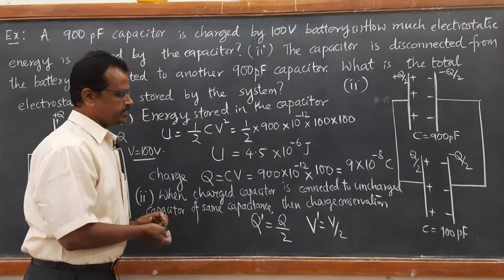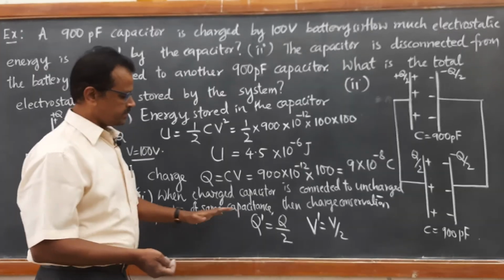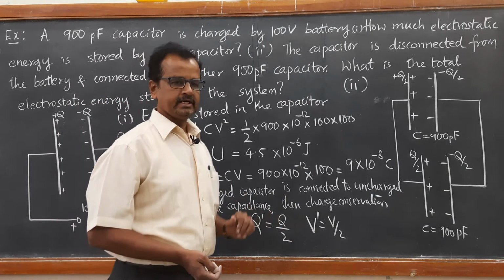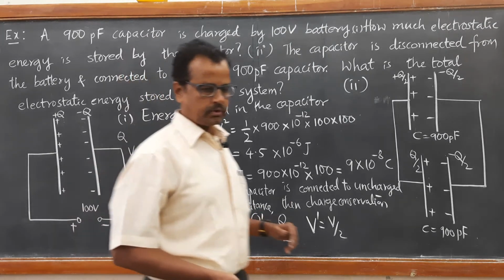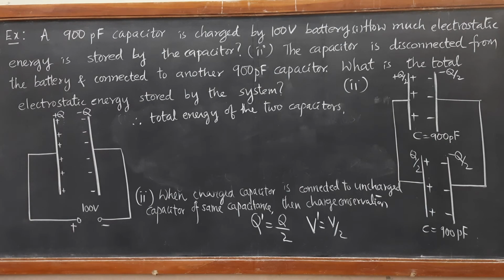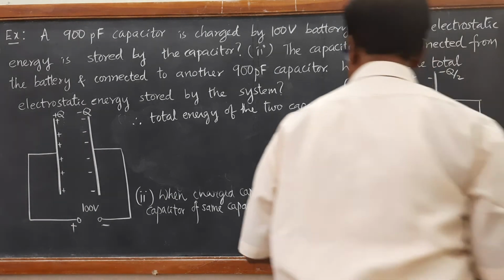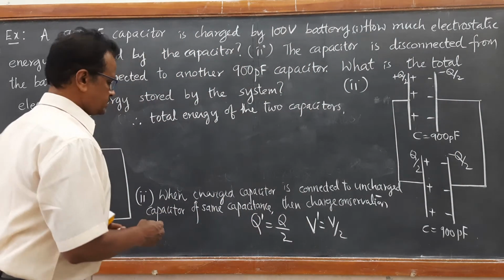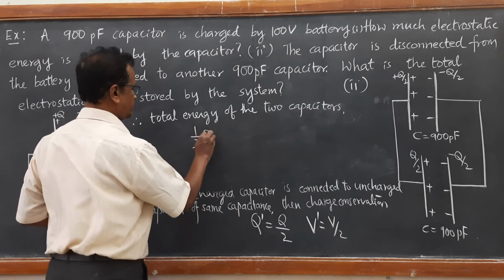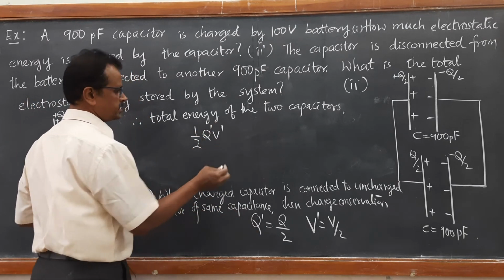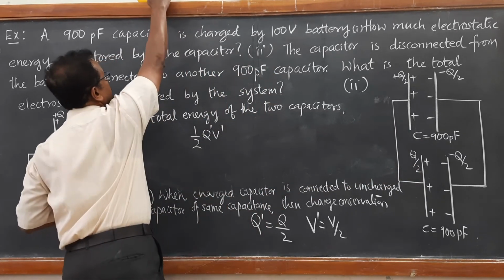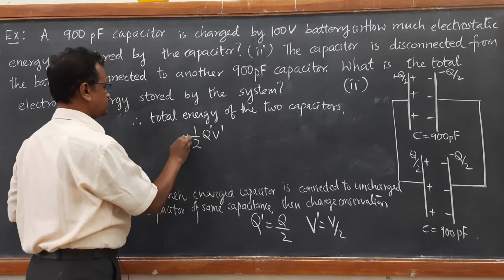Now we can calculate the total energy of the system. For one capacitor it is half Q dash V dash, but since there are two capacitors, it becomes 2 times.